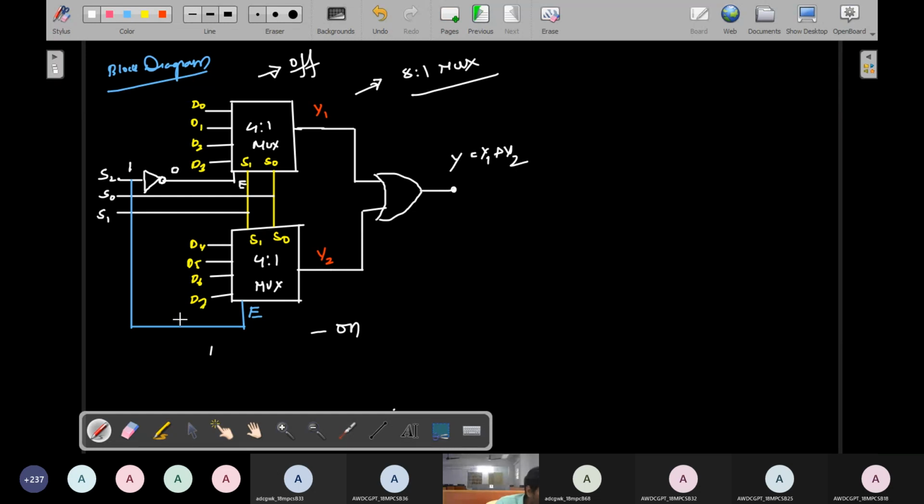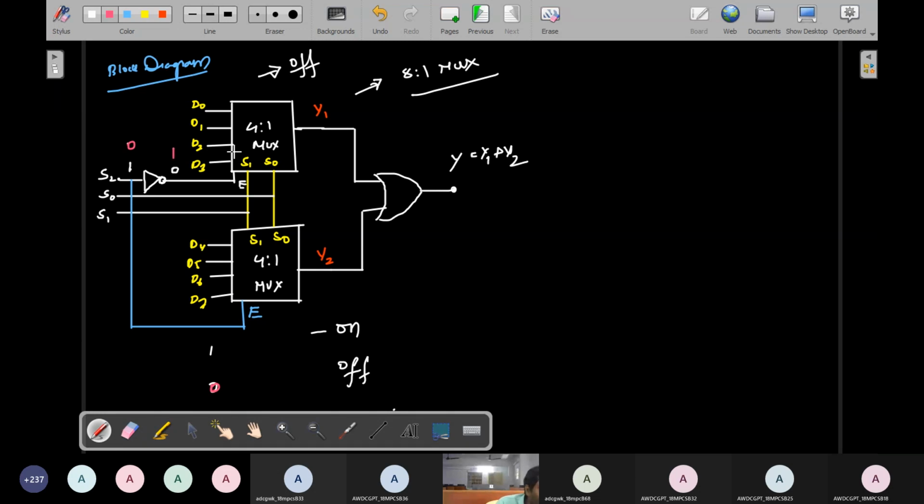In the next case, if you disable this multiplexer, that means you put 0 here, and that 0 is forwarded to here. I use another color to understand. If enable is 0, then this multiplexer is disabled. Now this 0 is forwarded to here. After crossing this NOT gate, it will convert into 1.